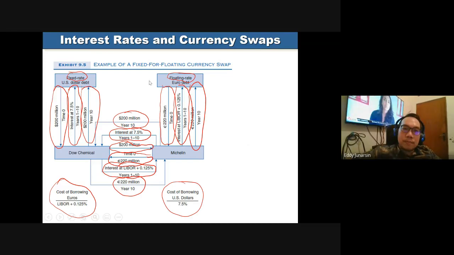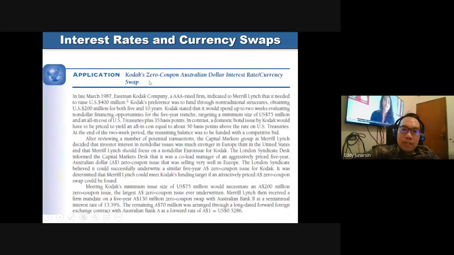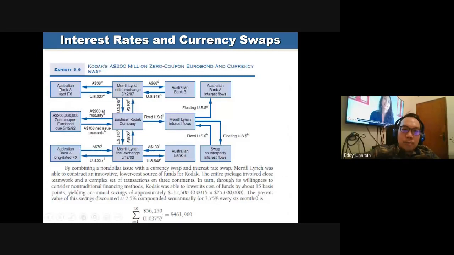Right? And in real life, you can see that the swap transactions could prevail among many institutions or many entities, right? So, for example, we swap one transaction with an Australian bank, and we could use the same swap obligation with another company, right, and so forth.